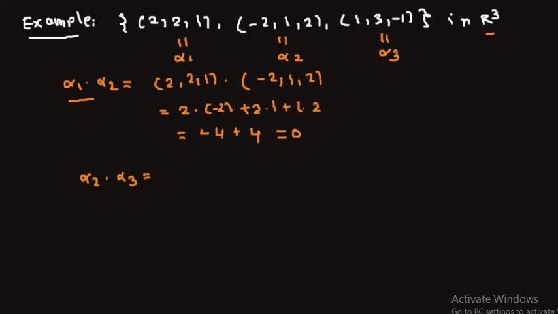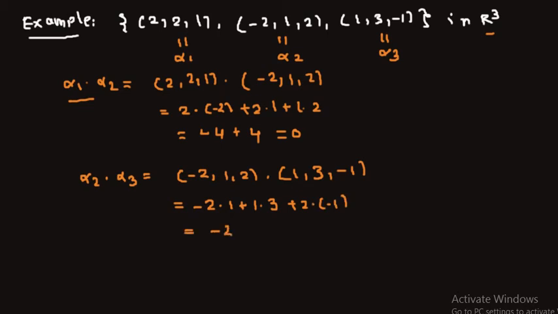So (-2, 1, 2) multiplied with (1, 3, -1). Let me check what happens: -2 times 1 plus 1 times 3 plus 2 times -1. So here we get -2 plus 3 minus 2, and this is equal to -1, which is not equal to 0.